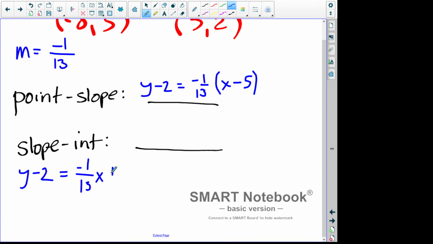That gives me positive 5/13. Remember, I just multiply the numerators together. Okay, and so I'm close. Again, all I've got to do is get rid of this 2. I'm looking for y equals mx plus b, so I'm going to add 2 to both sides.